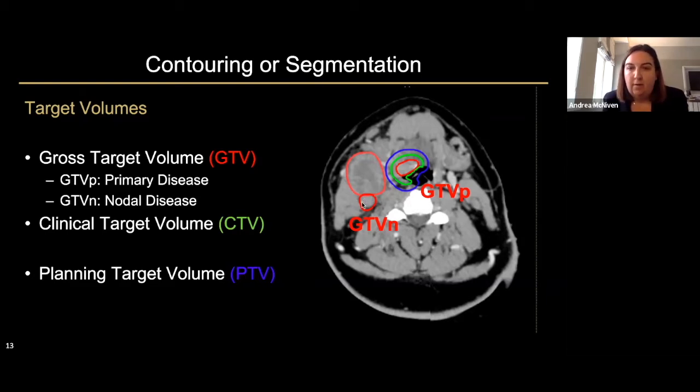And we often call that GTVn, for different nodals. So some examples of nodal diseases for this patient would be contoured here as well. And each of those would also have a CTV and a PTV that are not shown here. So those are the target volumes that really identify where we want to deliver the high dose to the patient to achieve clinical control of the patient and eradicate the disease.